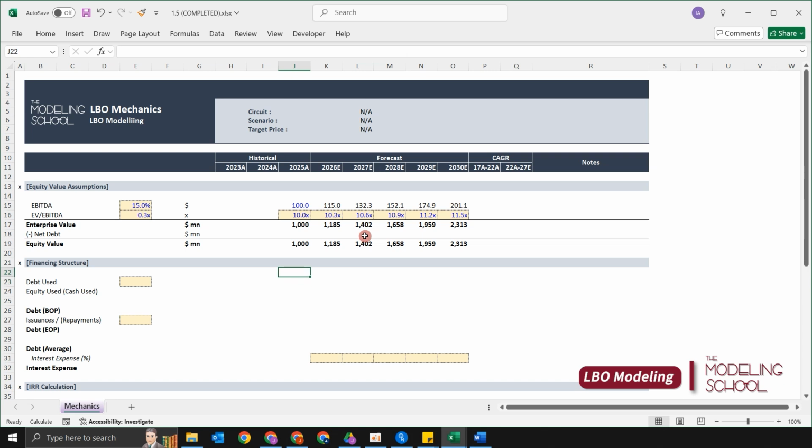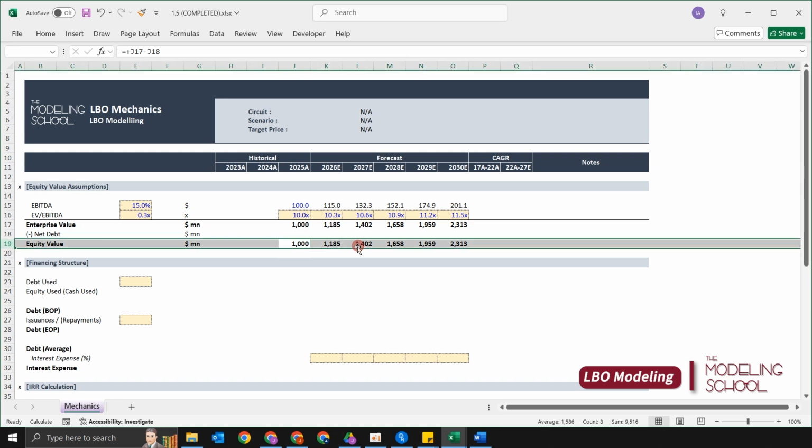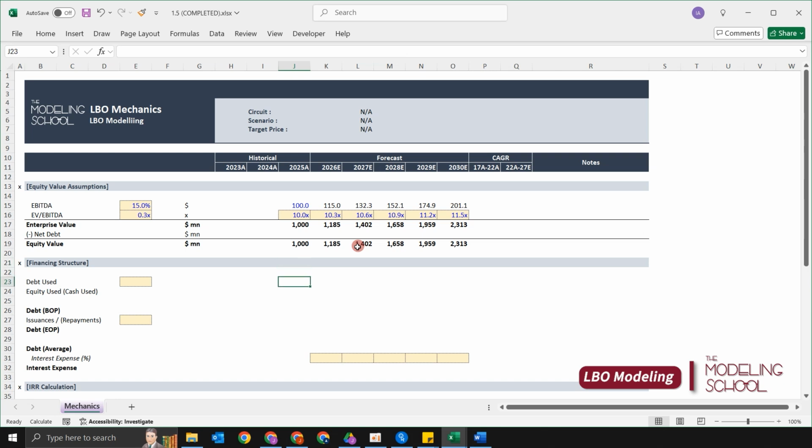And now let's assume a little bit of debt. This is assuming we invested 100% using just cash. Now the private equity wants to raise debt and make 80% of their investment by debt.